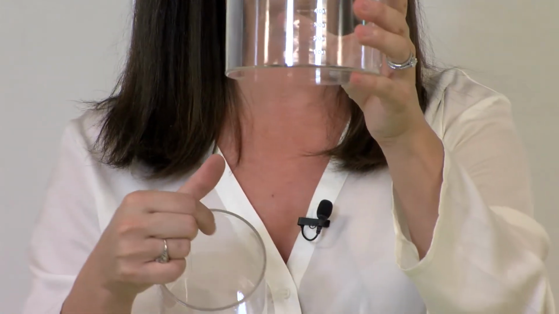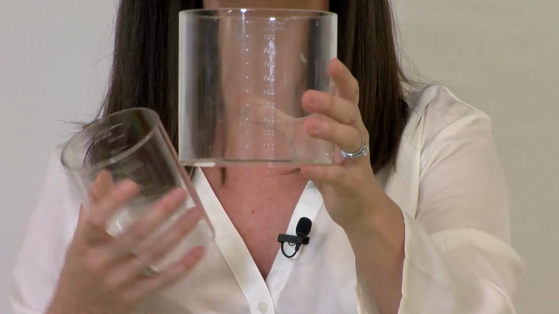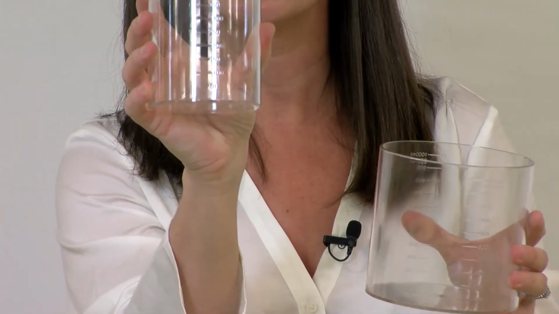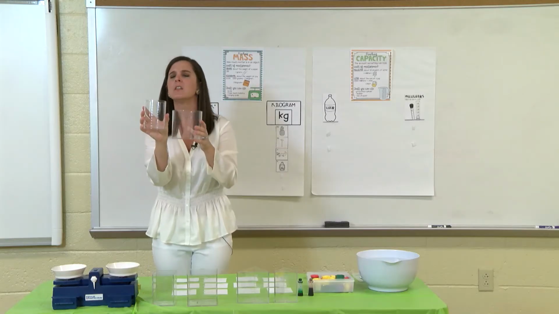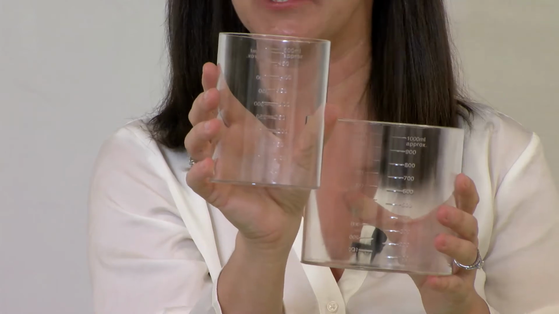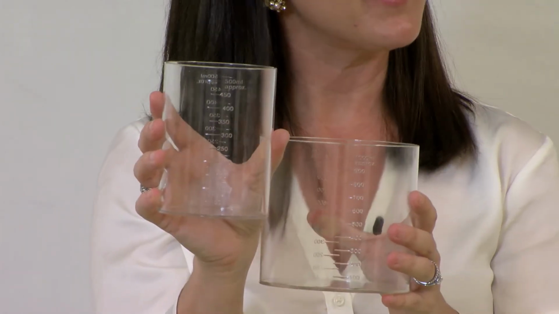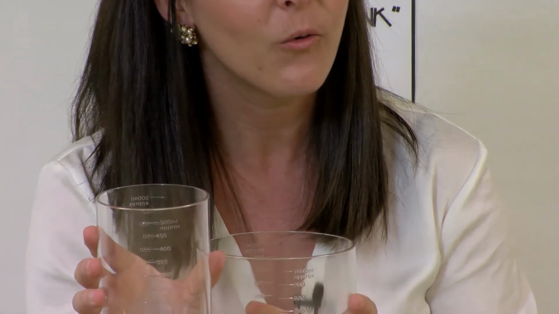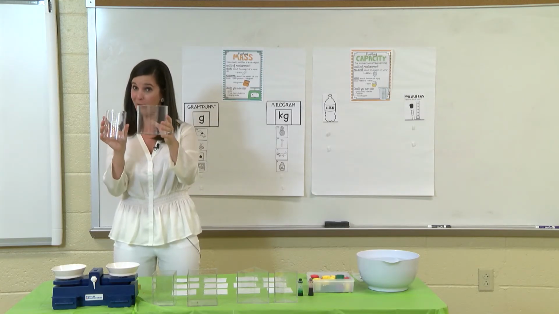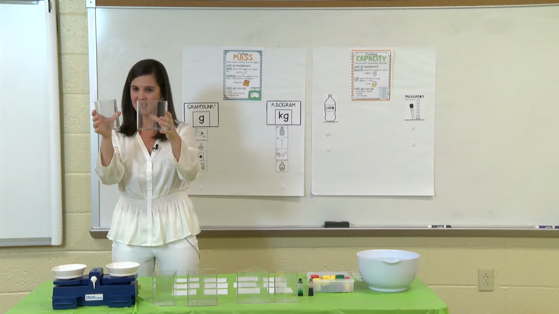Okay, so this one goes to 1,000 milliliters, which we know is equivalent to 1 liter, and then this one goes to 500 milliliters. Let's think about our knowledge of numbers. 500 plus another 500 is how much, everybody? 1,000. So this is double the size of this.